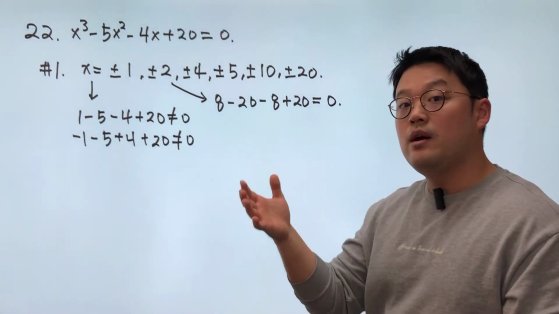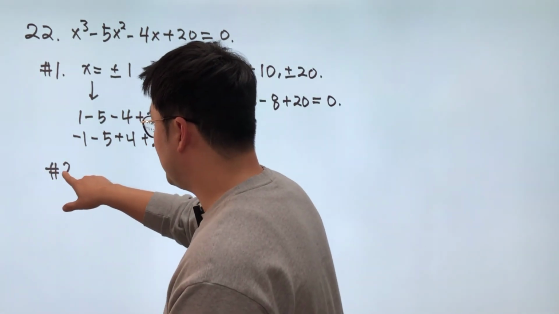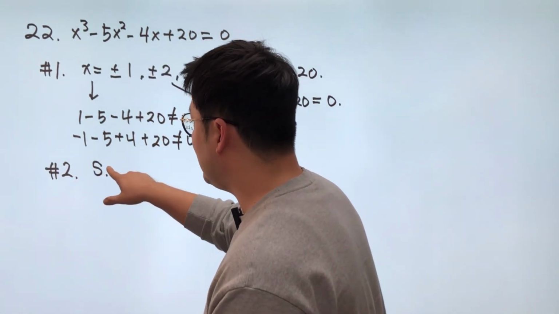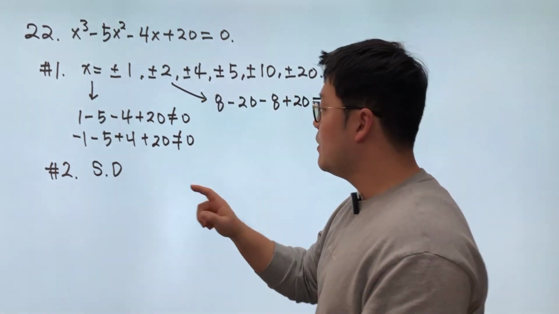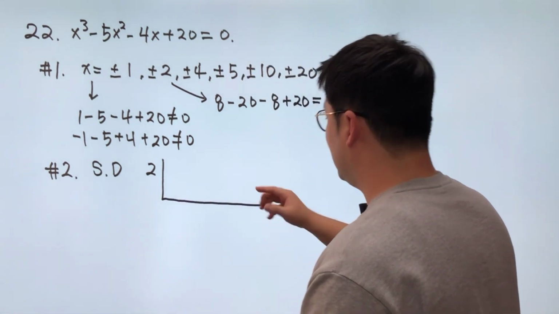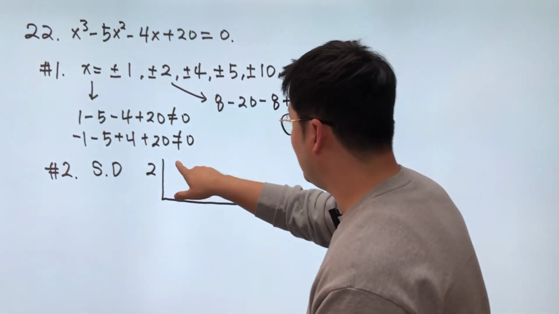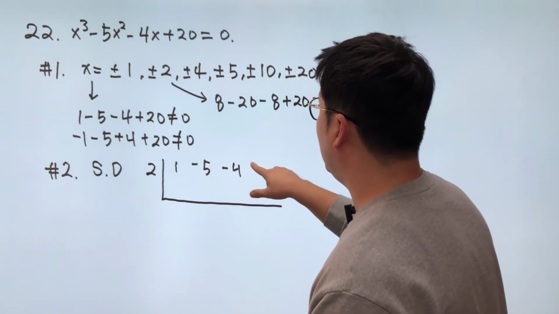So, knowing that it works, we need to try synthetic division. Step number 2: we use synthetic division with x equals 2, because that worked. We write 2 with the other coefficients in order: 1, negative 5, negative 4 and 20.